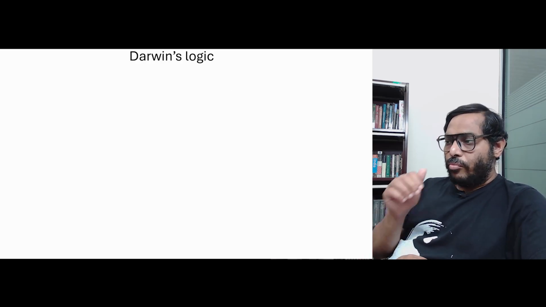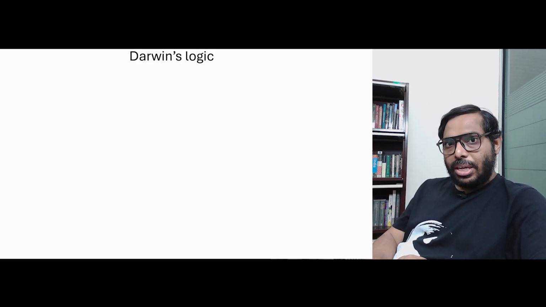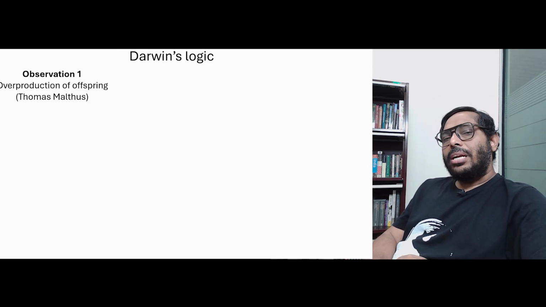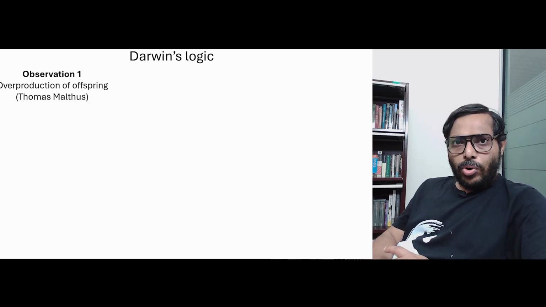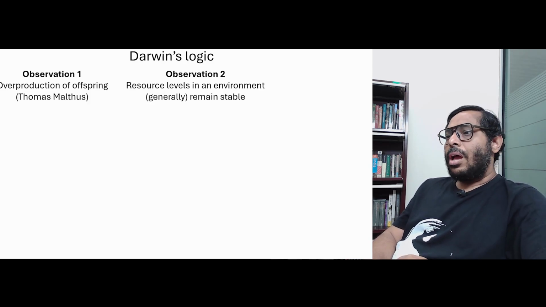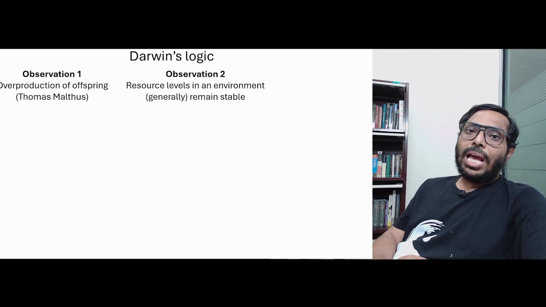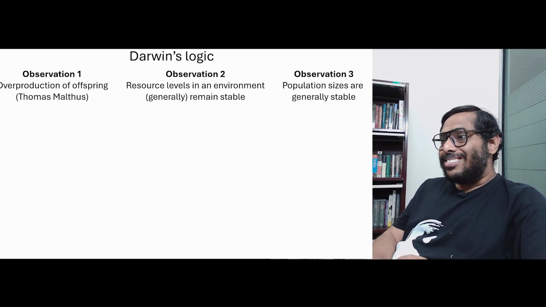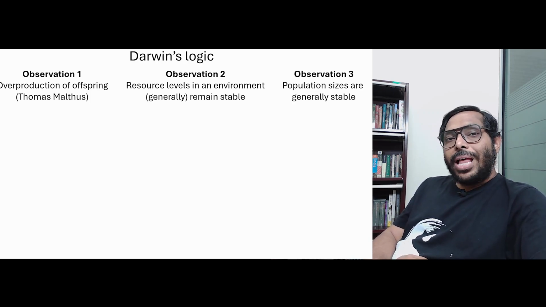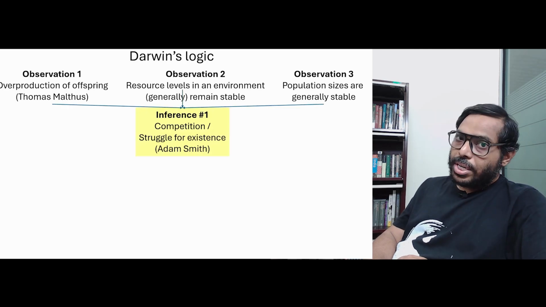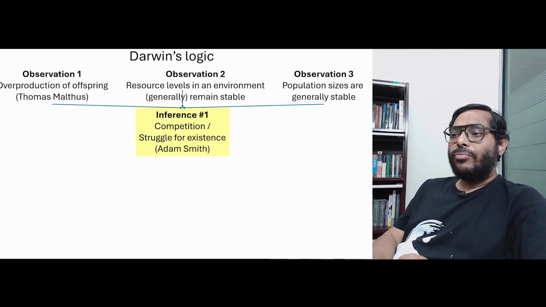Remember, we looked at Darwin's logic about natural selection, which said that all organisms produce too many offspring. However, the amount of resources is stable and the population sizes are generally stable, which implies that there is going to be competition for the limited resources.